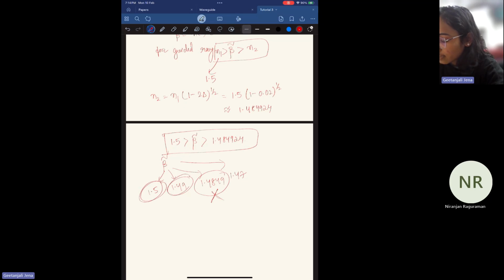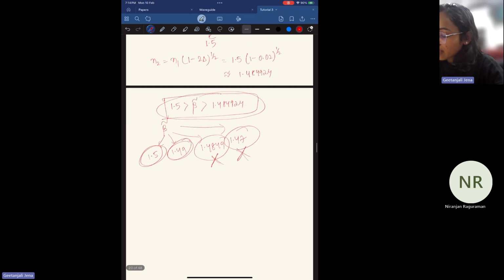These two don't satisfy the condition for ray guidance, so that means they will be refracted to the cladding.